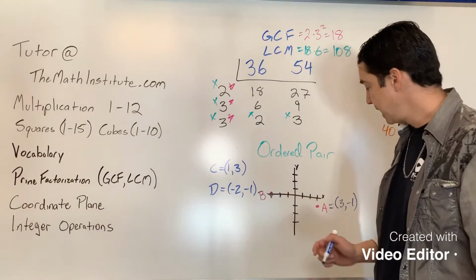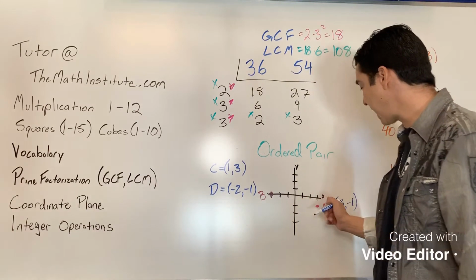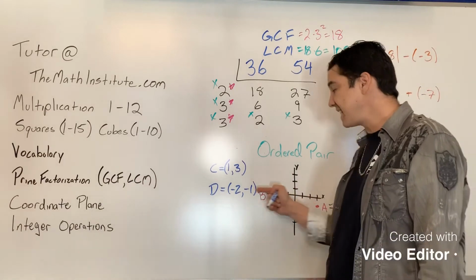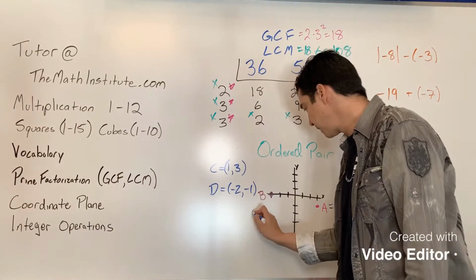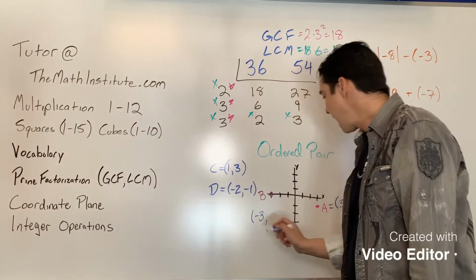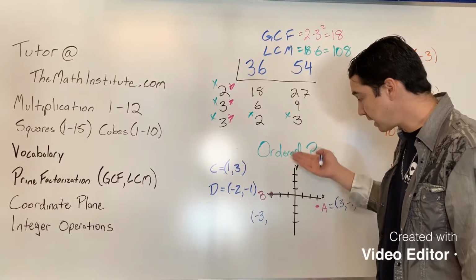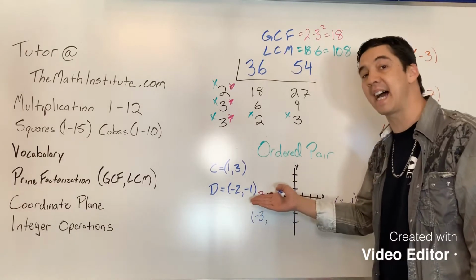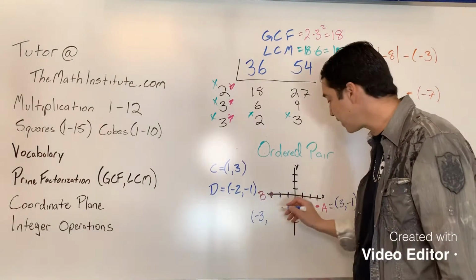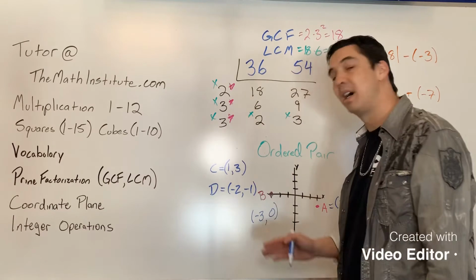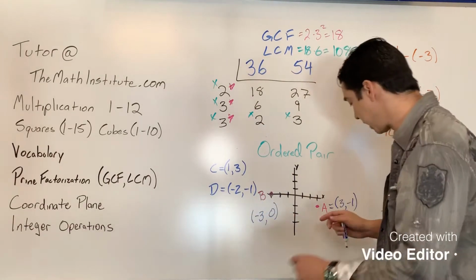B, this point is located on the X value of negative 3. And the up and down vertical Y value, it doesn't go up or down. It's on the X-axis. So the Y value would be 0. Again, now a quick recall.